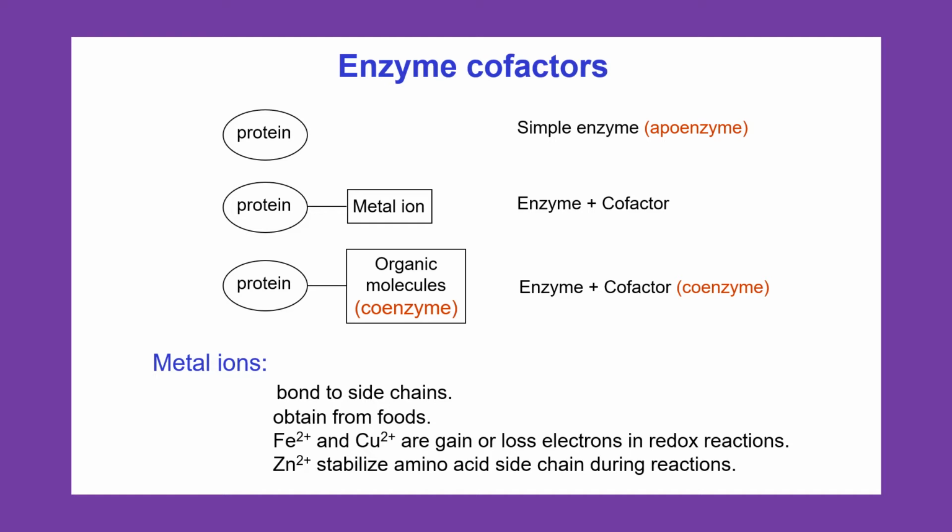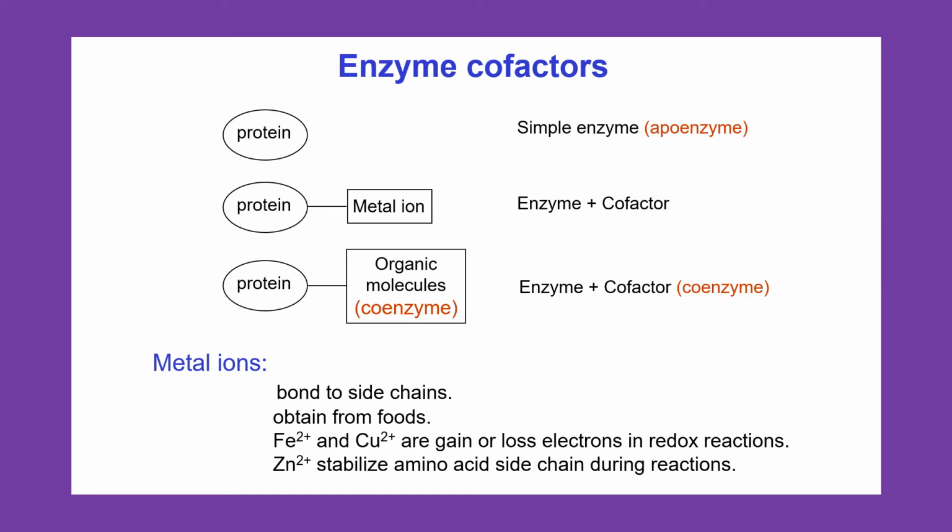When the cofactor is a small organic molecule, it is known as a coenzyme. Coenzymes are non-protein organic molecules that are mostly derivatives of water-soluble vitamins. If an enzyme requires a cofactor, neither the protein structure nor the cofactor alone has catalytic activity.